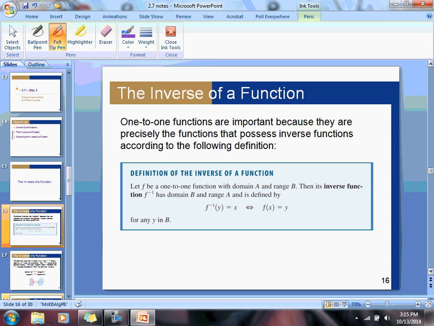So the definition here for our inverse function says that we want to let f be a one-to-one function with domain A and range B. Then the inverse function, we're going to write it as f to a little -1 power. That's how we write the notation for an inverse. And that inverse function is going to have domain B and range A. So you're basically switching the direction that the function is operating in.